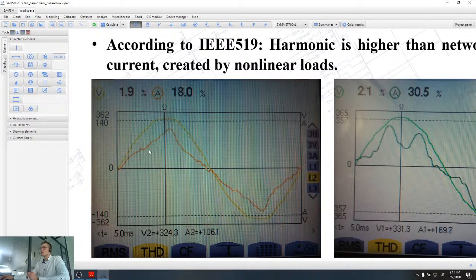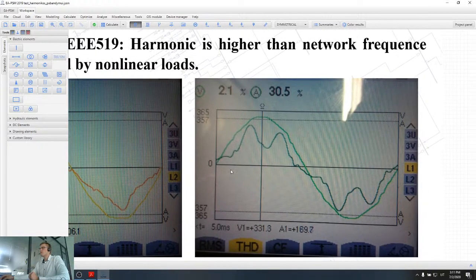The yellow curve is showing voltage. Voltage is quite sinusoidal, not very distorted, and the total harmonic distortion of voltage is only 1.9%, so much smaller, and therefore the voltage curve represents a sinusoid more correctly.